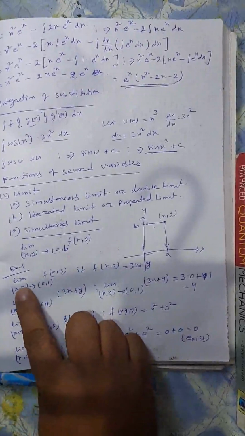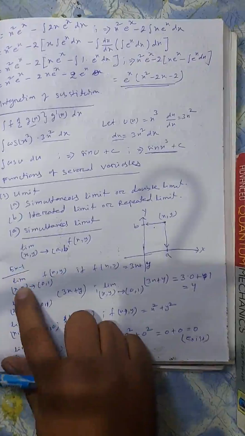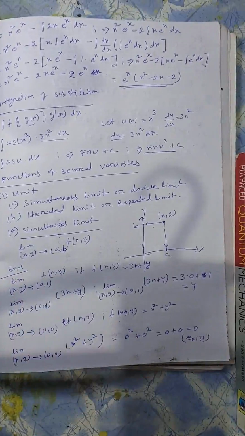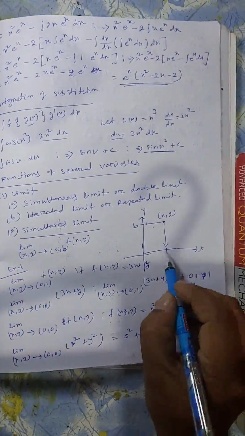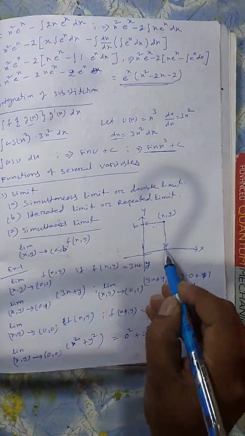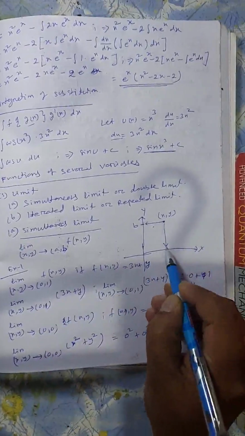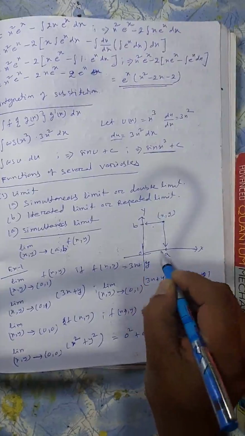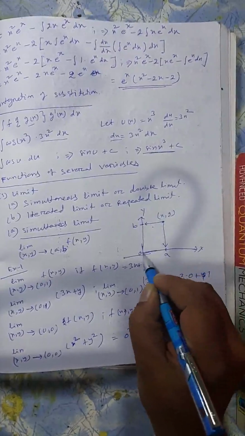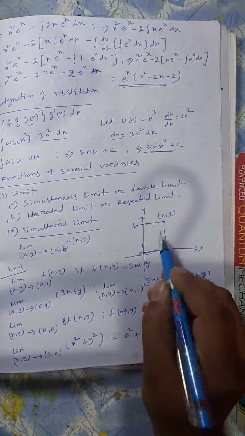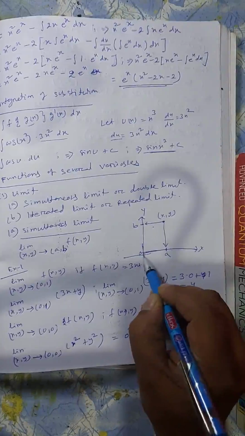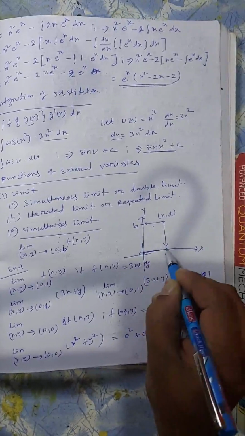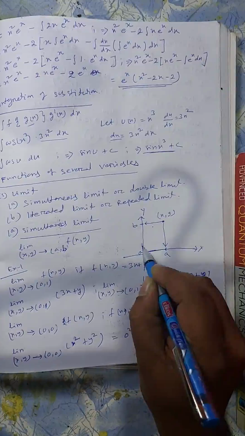Suppose I take the example limit (x,y) tends to (0,1), that means x tends to 0 and y tends to 1.